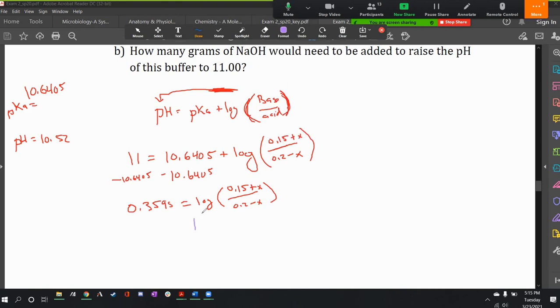So to get x by itself, we gotta get rid of the log. To get rid of a log, you do 10 to the power of that thing. So you gotta do that to both sides.